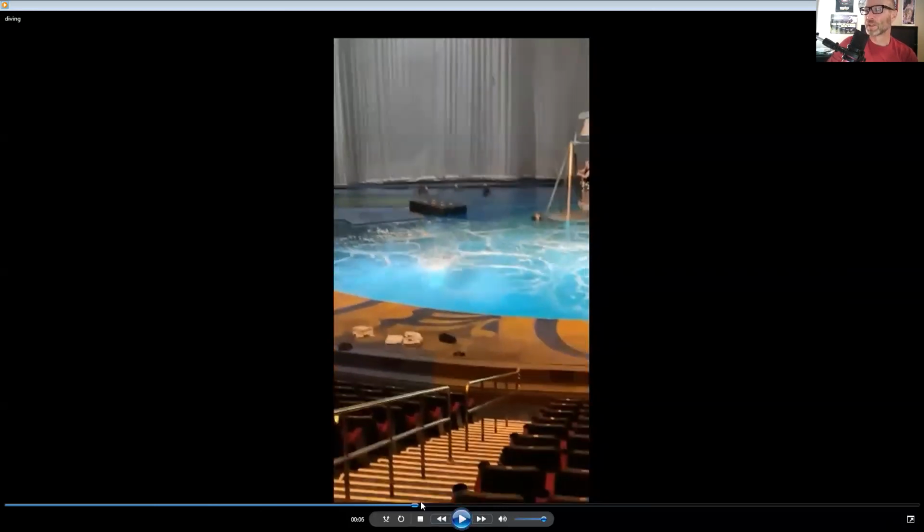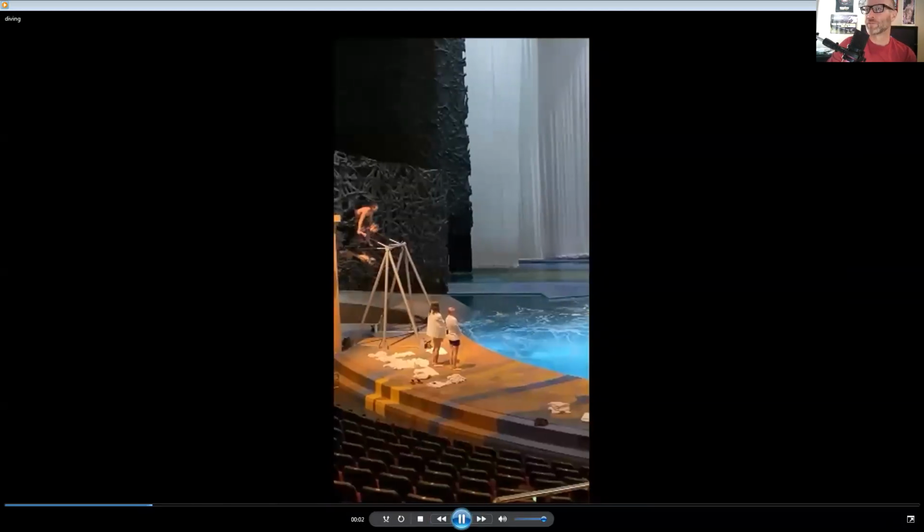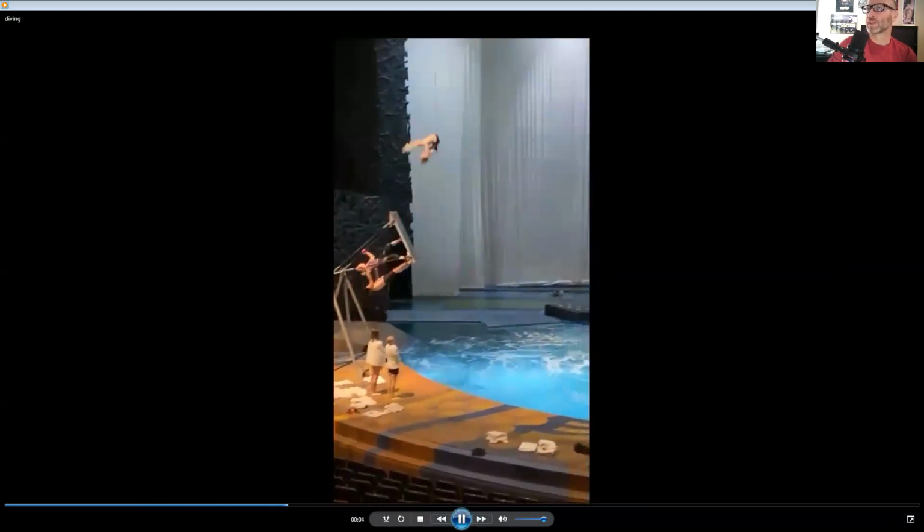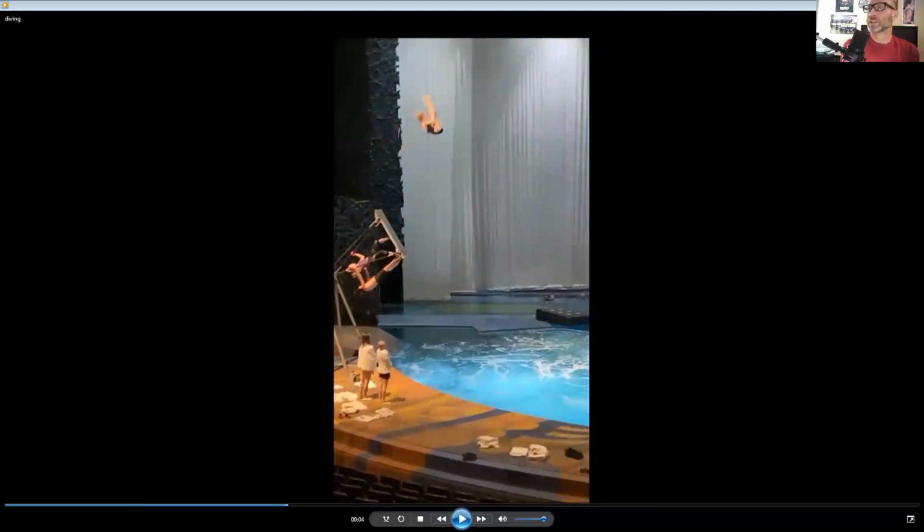So in the previous lecture, we talked about the math behind how angular velocity is changing during the course of this dive. Let's freeze it right here. Here she is in the air, and we do a kinetic analysis on this movement in the air. The only force acting on the diver is gravity, and gravity is acting at the center of mass of the person, and the person is rotating around the center of mass.